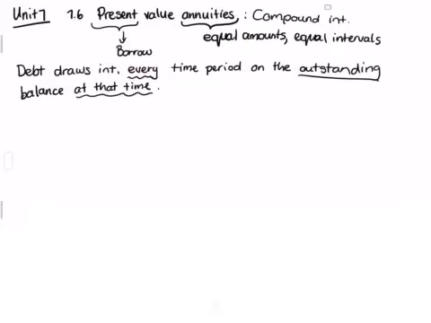Right, so think clearly again. As you keep repaying, your outstanding balance is decreasing. So every time you have paid a bit, the interest percentage stays the same, but the interest amount gets a little bit less. So here's your formula.